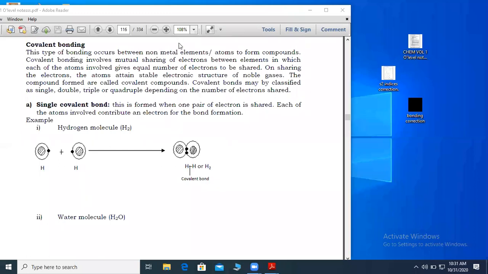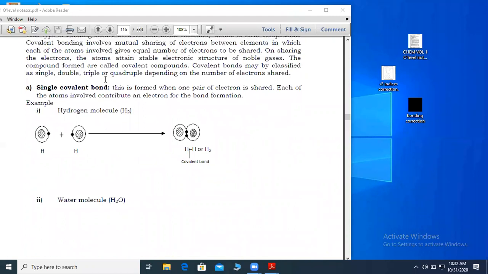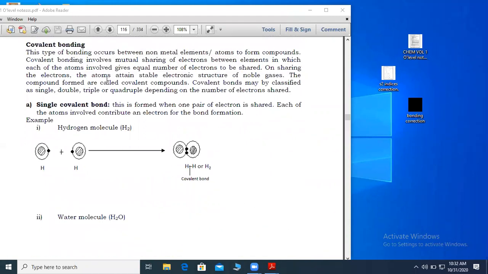So let's now focus on covalent bonding. You have the notes. Covalent bonding is on page 116. So you already have some knowledge that covalent bonding is a type of bond that is formed between two atoms where all the atoms are non-metals.